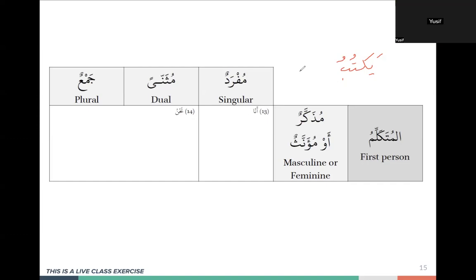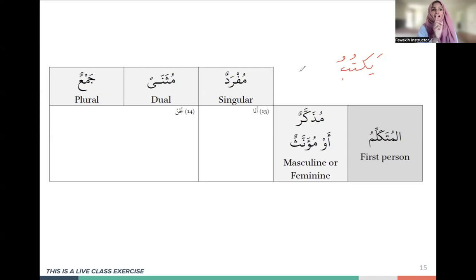Yes, and أنتم تكتبون. Remember, don't drop the noons. تكتبون. أنتِ: no, أنتما, no. Anti is the weird one. It's the most peculiar one out of the whole lot for the present tense verbs. أنتِ تكتبين. Don't forget the noon.